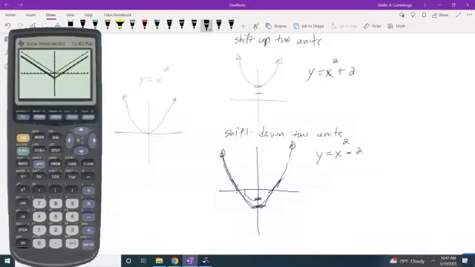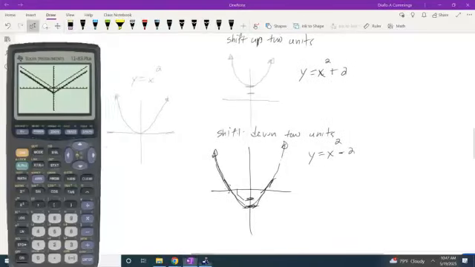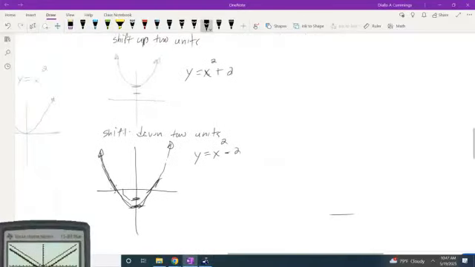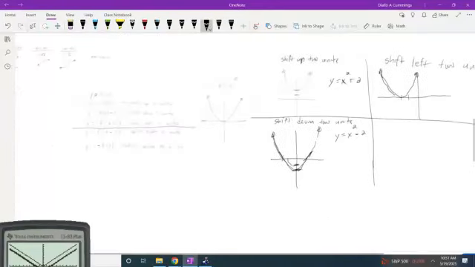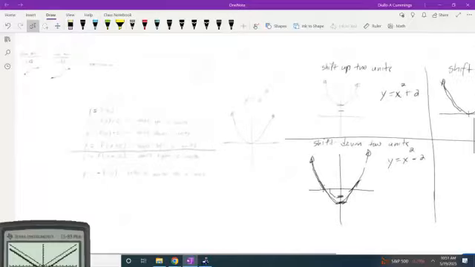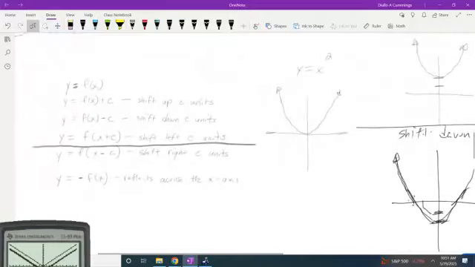Now what about left and right? So we're going to take the same parabola. When you move something to the left, and if you're on a number line, the left is in what direction? Well, if I'm looking at my x values, if I move to the left, that's going in a negative direction.